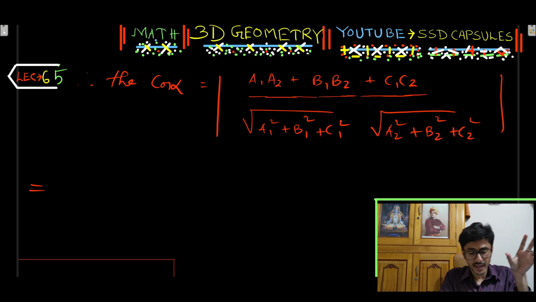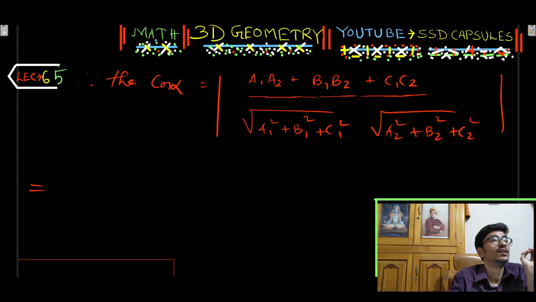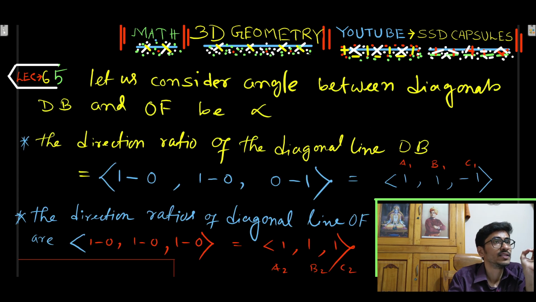This theory also I have discussed in the lecture series of three-dimensional geometry. You just go through my previous lectures, you can find the angle between two straight lines. So here a1, b1, c1, a2, b2, c2. So 1 into 1, 1 into 1 and 1 into minus 1.